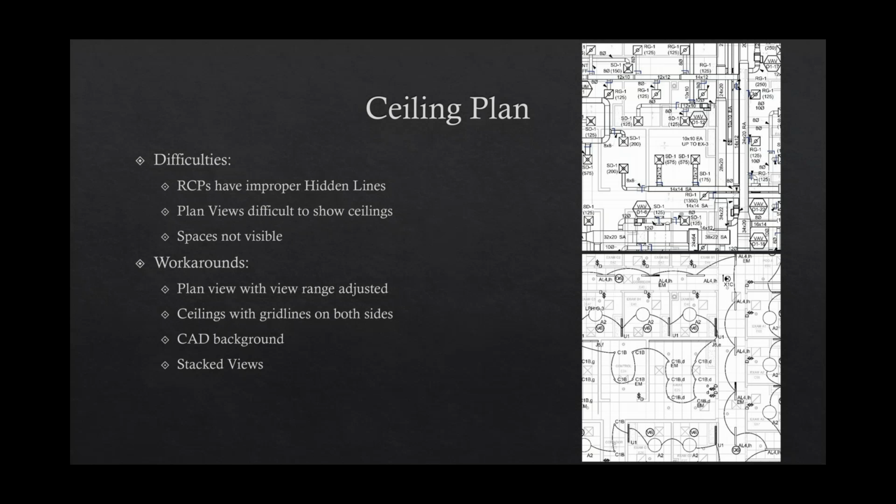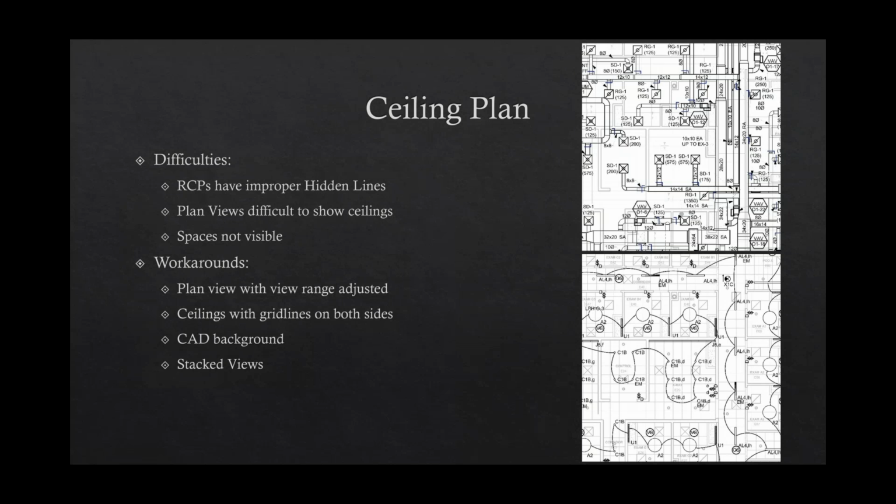I would say for lighting and for sprinkler, we can use the RCPs as intended because we don't have that hidden line issue. So we can use the RCPs as planned. But for conduit and ductwork, because of that hidden line concern, we have more manipulation involved.